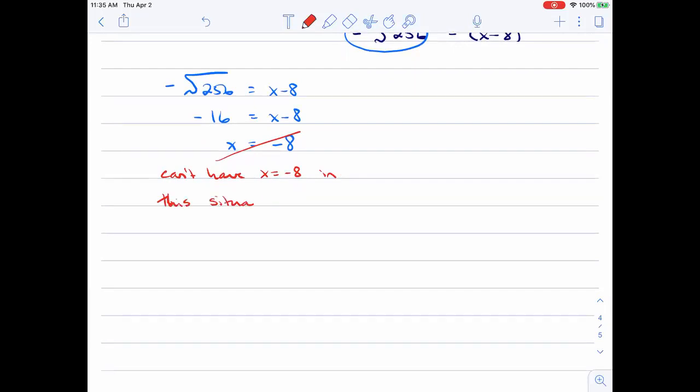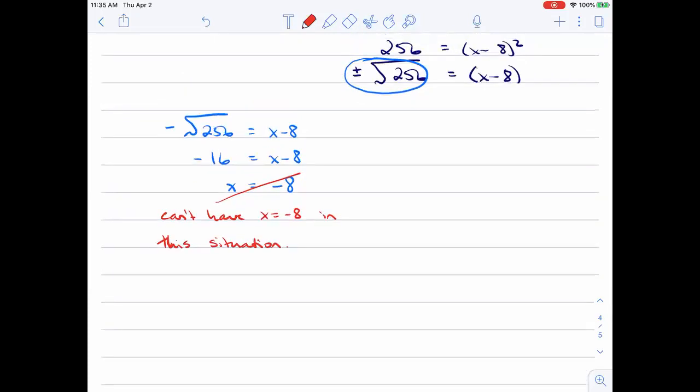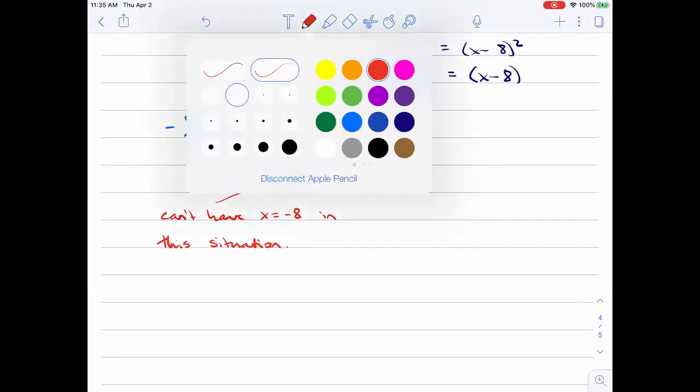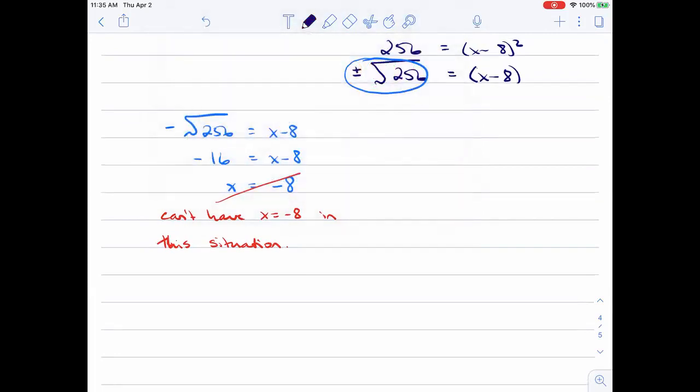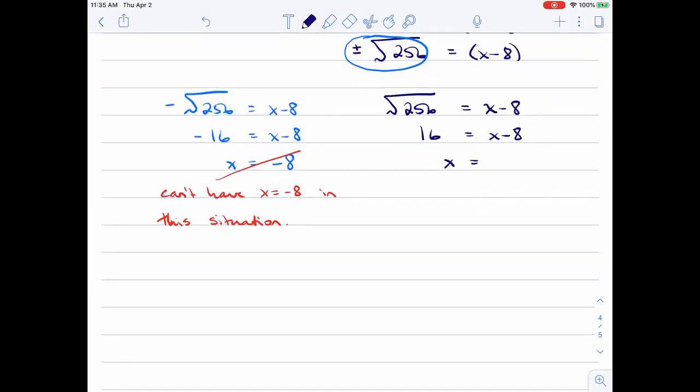In other situations, maybe, but we can't have a negative length, and so that option is out. Now I'm going to focus on the positive root of 256 equals x minus 8, which is 16, which is x minus 8. So x must be 16 plus 8, which is 24.